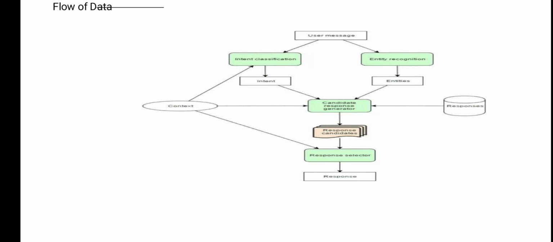After understanding, it performs some pre-processing activities on that statement. After that, the chatbot tries to fetch the required data from our data source and gives that data to the user again. That's the actual flow of data from the user to the database and from the database to the user again.